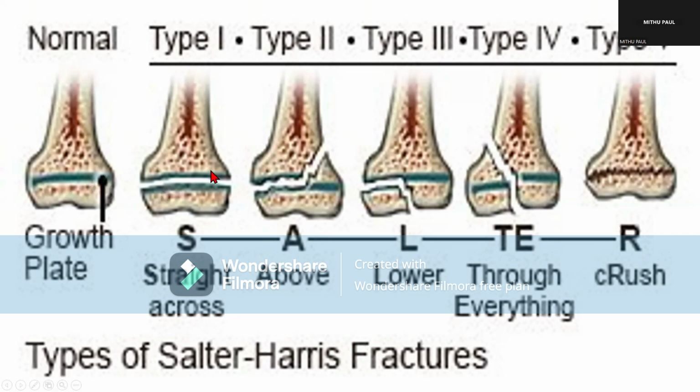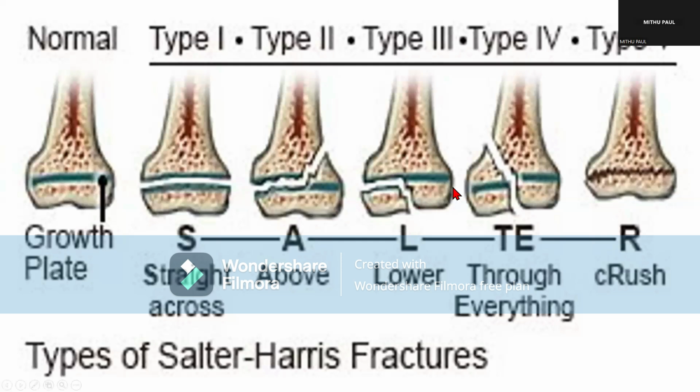In the first type, there is only separation of the epiphyseal cartilage, so the cells are getting away from one another, creating a vacuum. In the second type, there may be fracture of the epiphyseal cartilage, and the fracture line is also proceeding above, A for above, through the diaphysis. In the third type, it is proceeding lower, through the epiphysis. And in the fourth type, it may proceed either way. And in the fifth type, there is total crush injury of the epiphyseal cartilage.